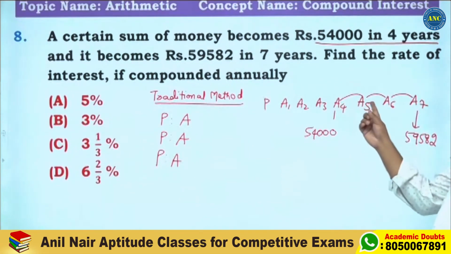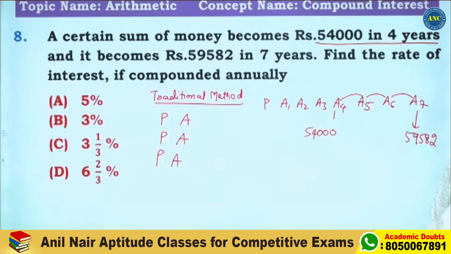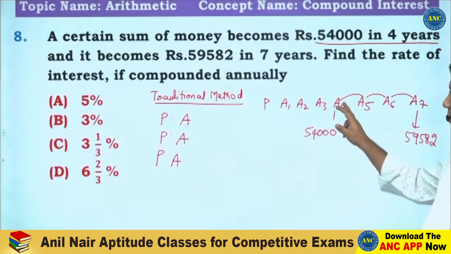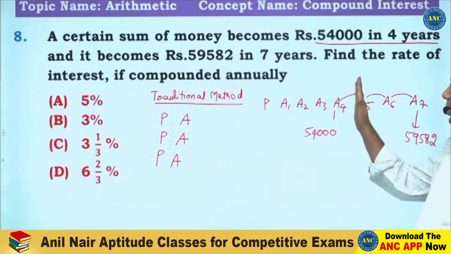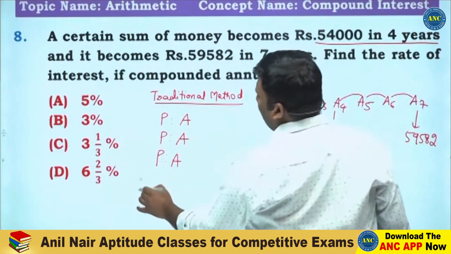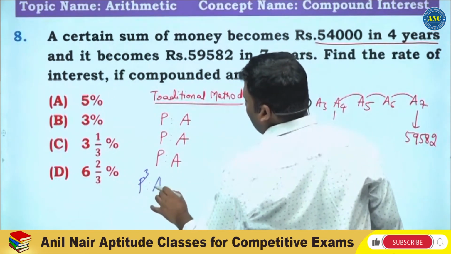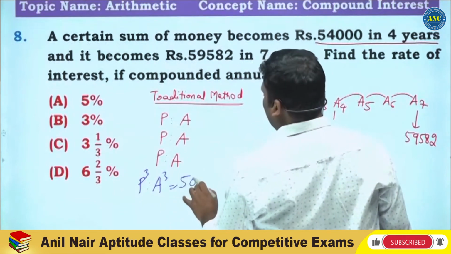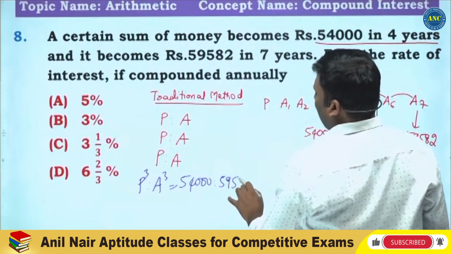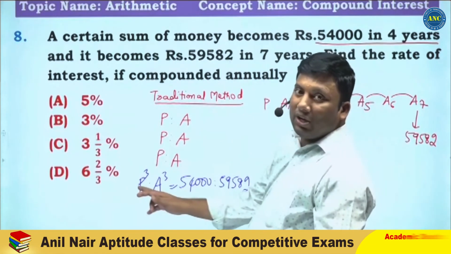So the total time period is equally distributed, and the multiplication factor should also be equally distributed. The amount at the end of the 4th year becomes the principal for the next year. So it becomes a cube relation, 54,000 to 59,582. This is how students will solve. Waste of time. I need a cube.